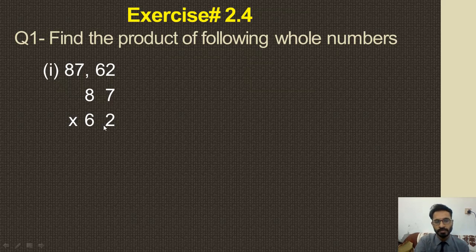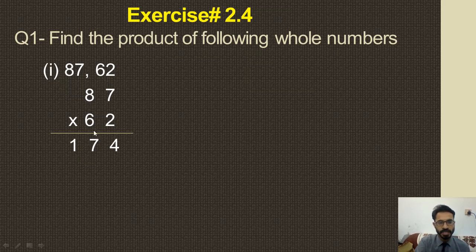Now we will multiply 2 with 7 and 8, then 6 with 7 and 8. First of all, we multiply 2 with 7 and 8. 2 7s are 14. We will put 4 here and carry 1. 2 8s are 16 and we will add 1 in the 16. 16 plus 1 is 17.